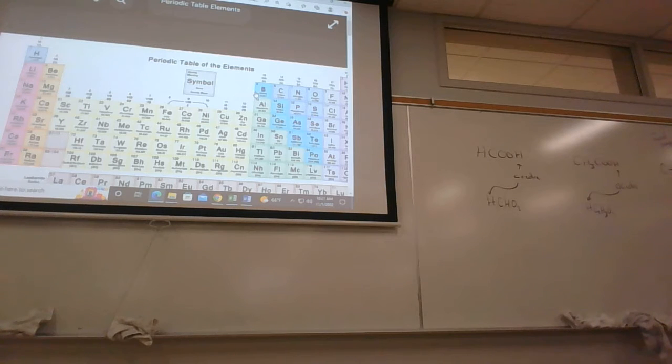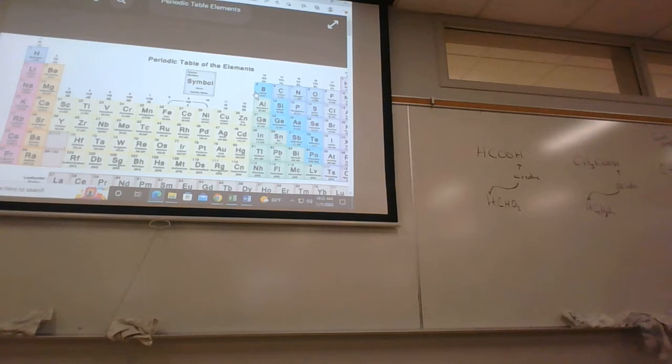And so this creates just a very, very slight polarization. Delta EN is like 0.5 or 0.4. So this is kind of at the border. And so we have the very tiniest of delta pluses and the very tiniest of delta minuses, so tiny that we're going to ignore those.